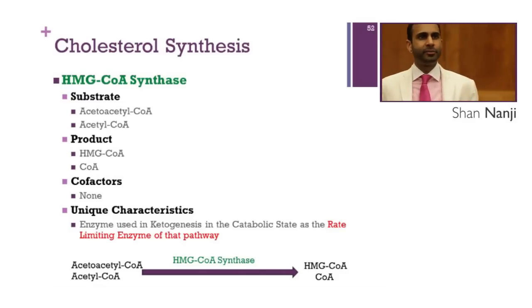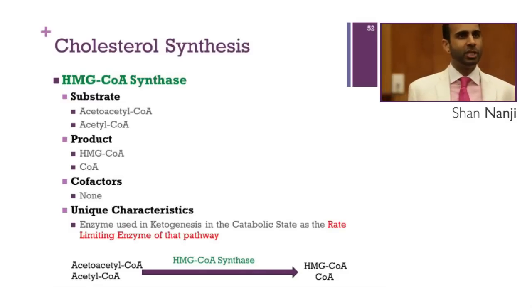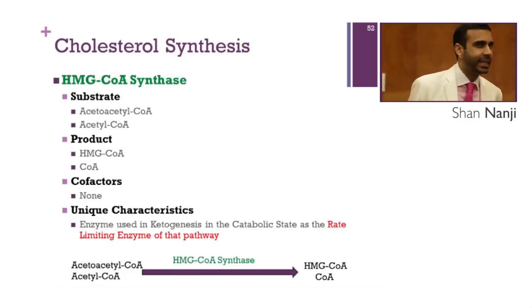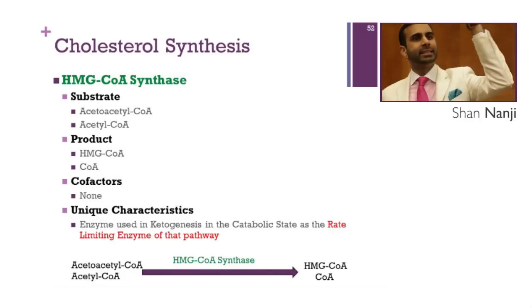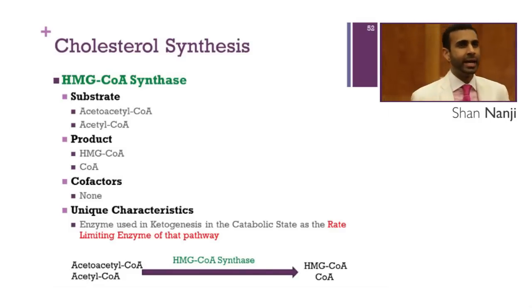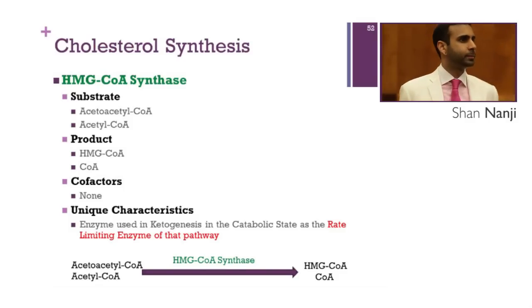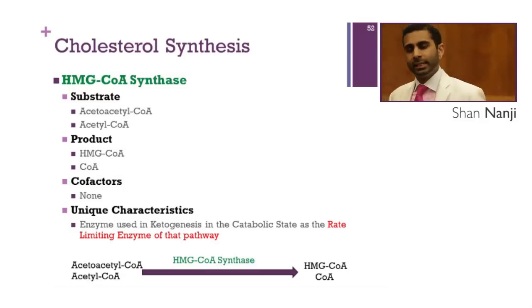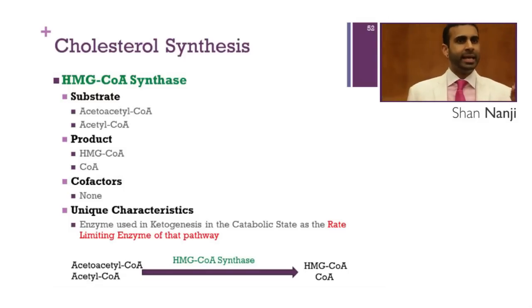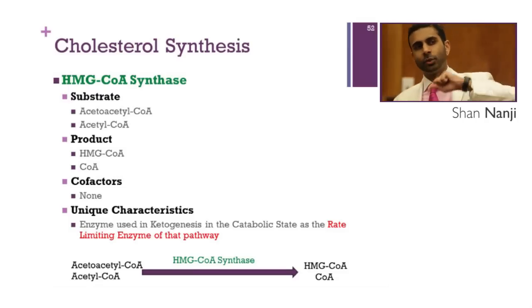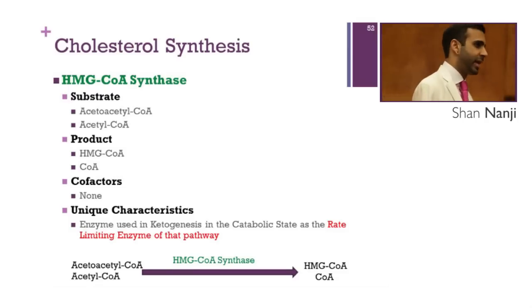Then we have HMG-CoA synthase, which takes acetyl-CoA and acetoacetyl-CoA and produces HMG-CoA and CoA. This enzyme is also used in ketogenesis in the catabolic state as the rate-limiting enzyme of that pathway.